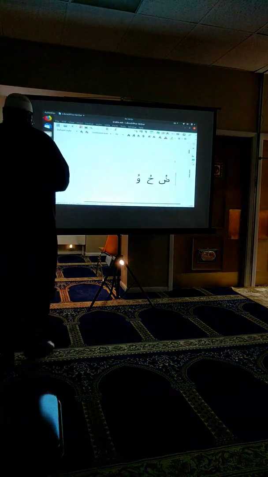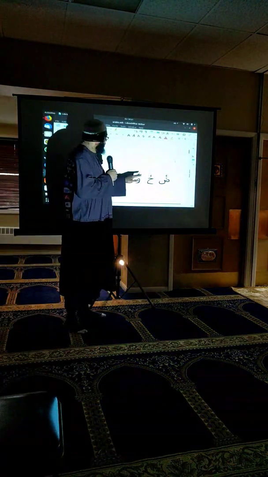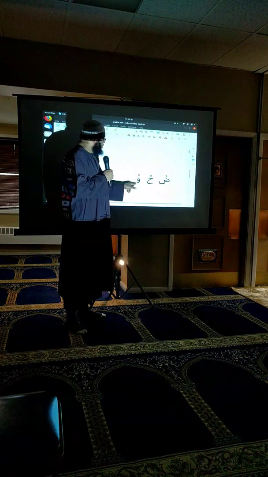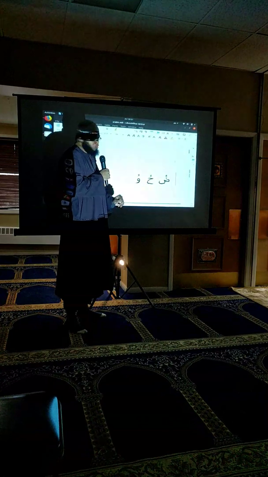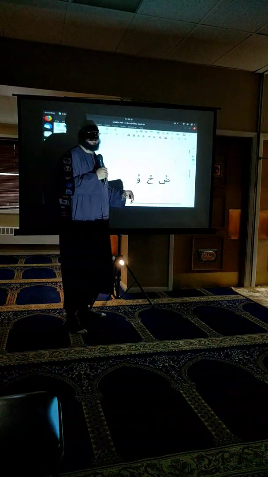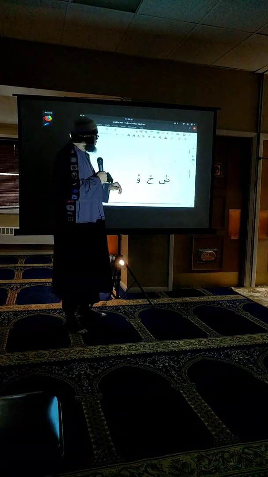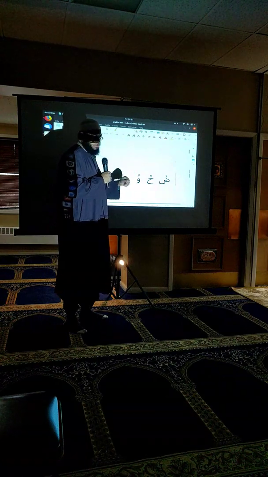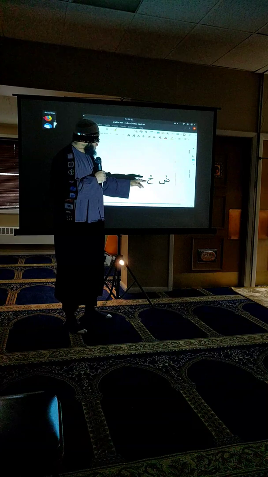Okay, so now let's look at the last three. We have here the harf that looks like this. What harf is that? Almost looks like a qaf without the dots. What harf is this? The wow. Right? And what harf is this?